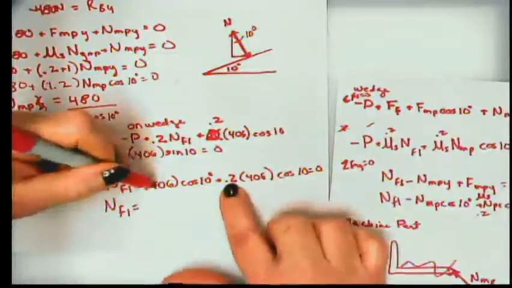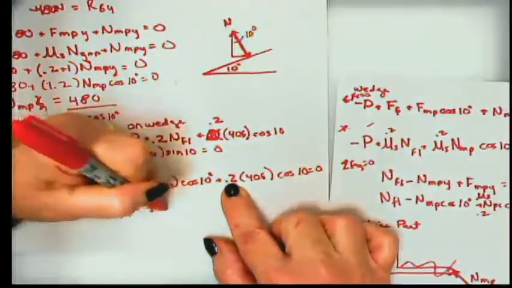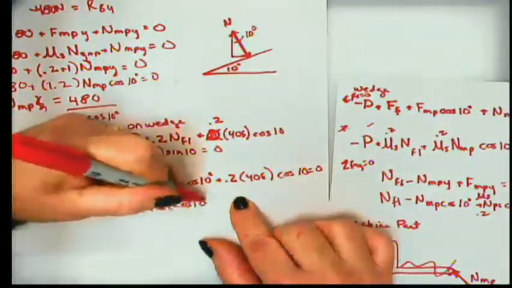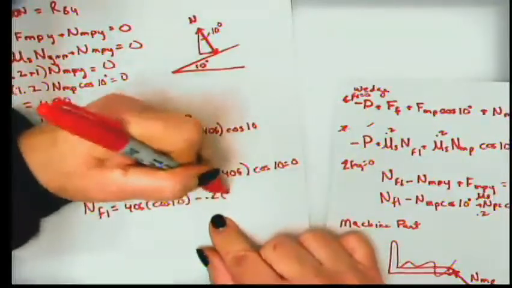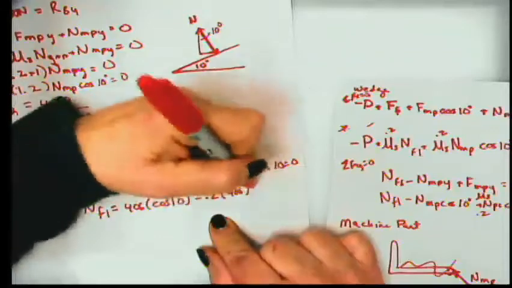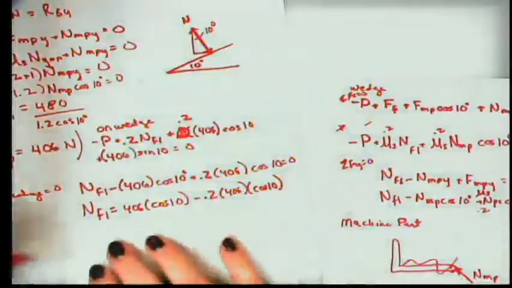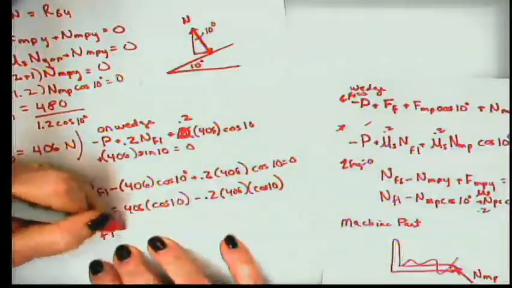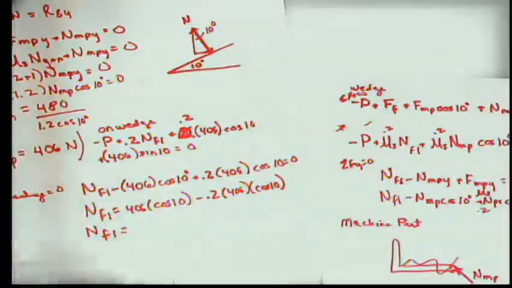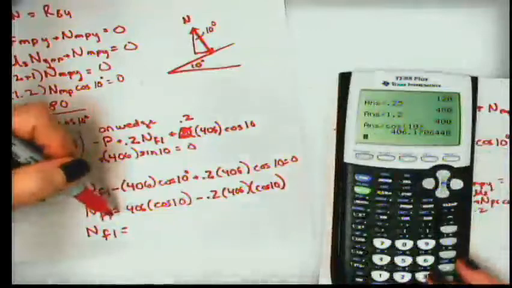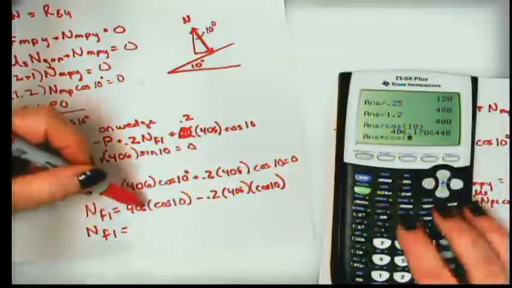That's going to equal 406 times the cosine of 10 minus 0.2 times 406 times the cosine of 10. And so the normal force between the floor and the wedge is, we're going to find out, aren't we? Cosine of 10.